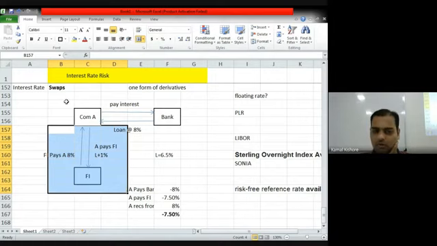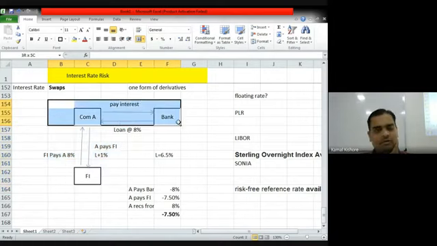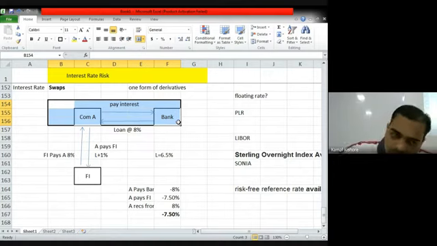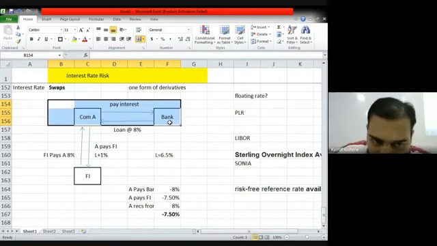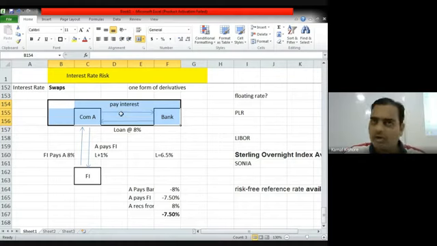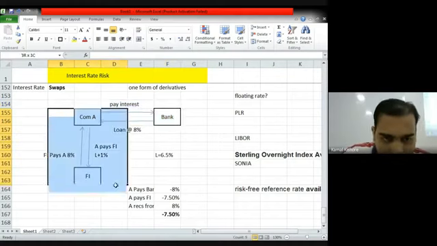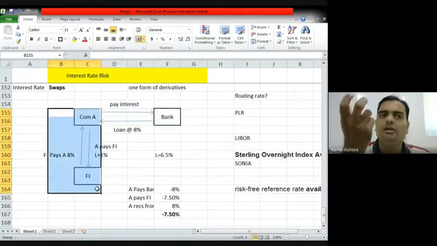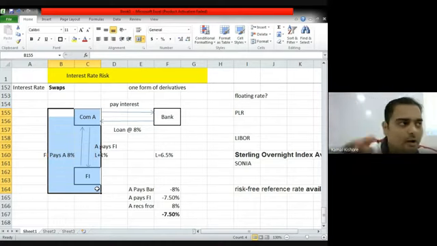Let us understand, this is a different transaction. Here in a loan, you place collateral and all those things. If the loan is, let's say, 1 million, 2 million, 10 million, the bank will pay that cash and you will pay interest. Here, it is only a notional that is agreed upon. On a notional, you calculate the interest.